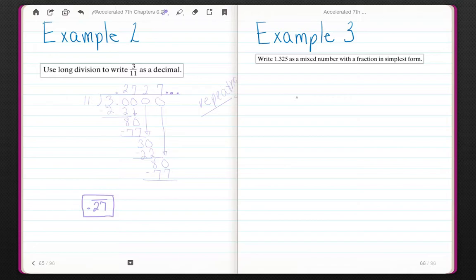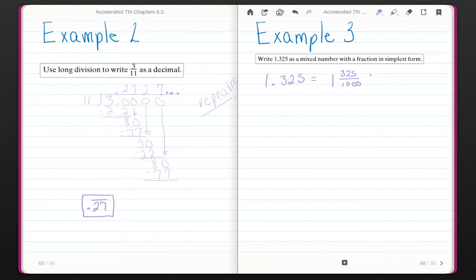Okay, example 3. Now I have a decimal, 1 and 325 thousandths, and I want it as a mixed number in simplest form. So 1.325 is equal to 1 and 325 over 1,000. I'm going to go ahead and simplify.